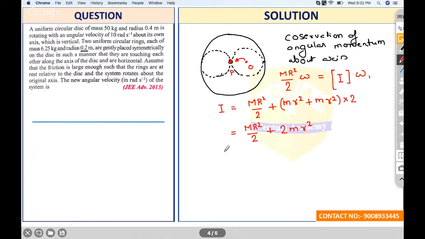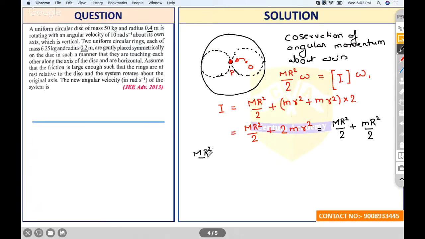So I can just substitute the values, and there is a relation between capital R and small r. Basically small r is capital R by 2, isn't it? The capital R is 0.4 and small r is 0.2. So just for simplicity's sake, I will write in terms of capital R. So this will come out to be m r square by 2. Now let me substitute the values.